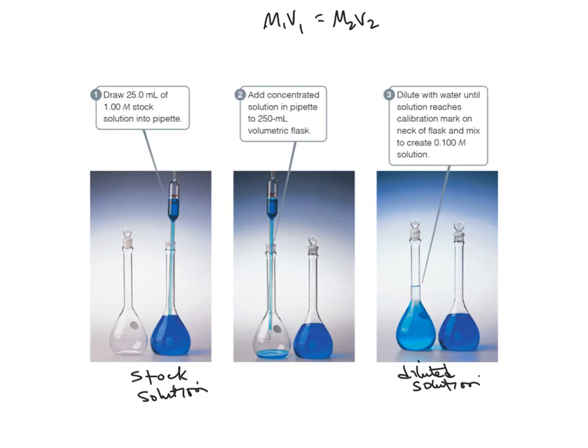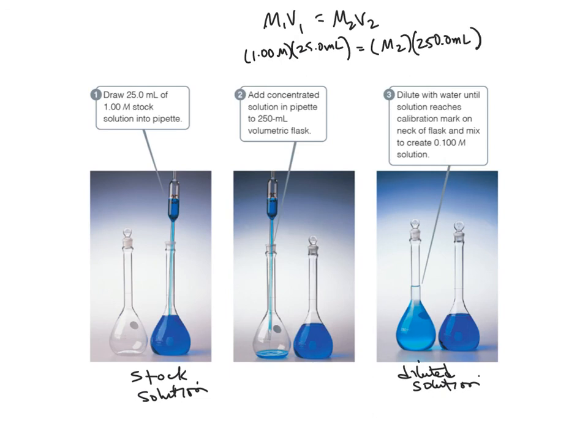All right, so let's see. You've got a 1 molar solution of stock, and you're taking 25 mils. You could write down 0.025 liters. Either way is fine. And let's say you don't know what the molarity is going to be when you put it in the new 250 milliliter flask.